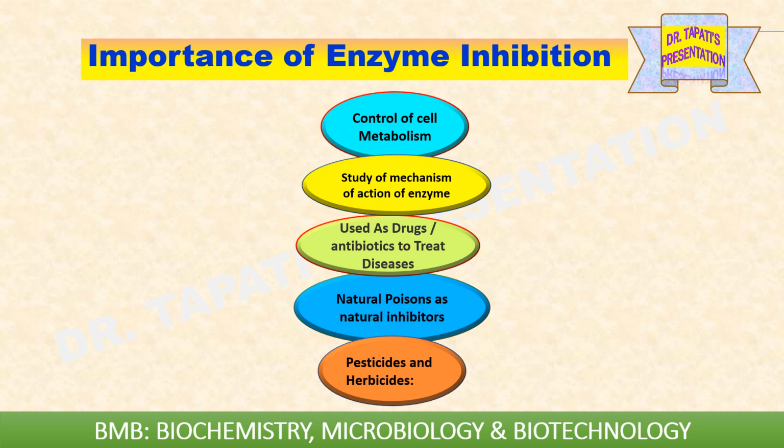Those are irreversible inhibitors of acetylcholine esterase. Glyphosate, which is a herbicide, inhibits 3-phosphoshikimate 1-carboxyvinyl transferase, which is used to make aromatic amino acids in plants.